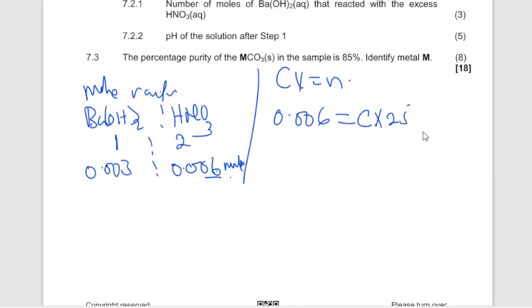But this is not decimeter cubed, so divided by 1,000. So now concentration is going to be equal to this divided by that. So this times that divided by 25.